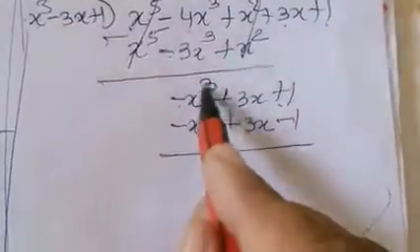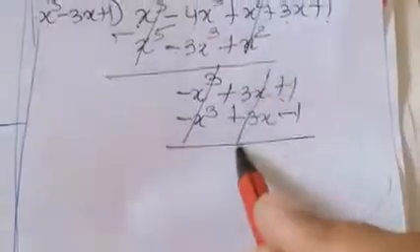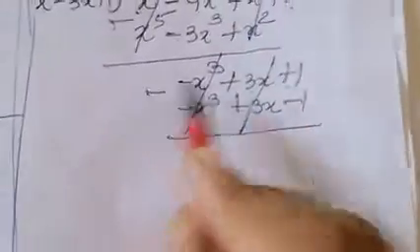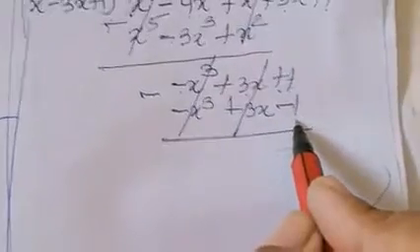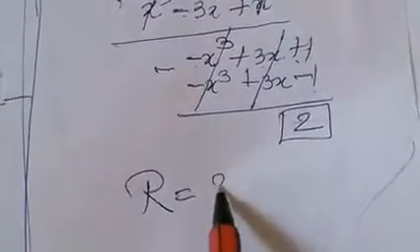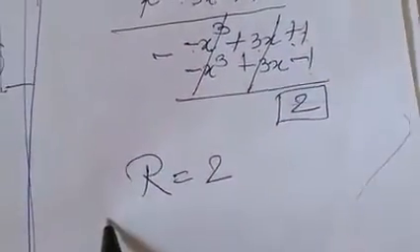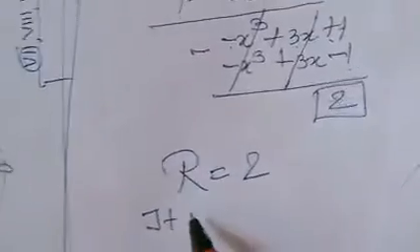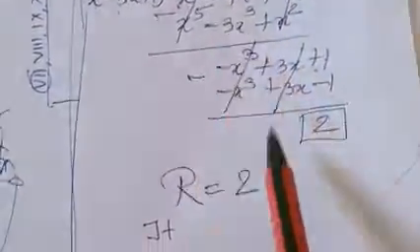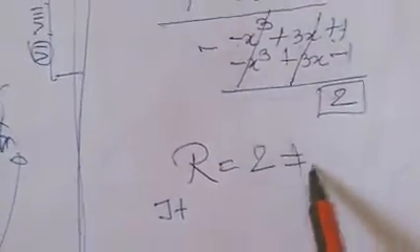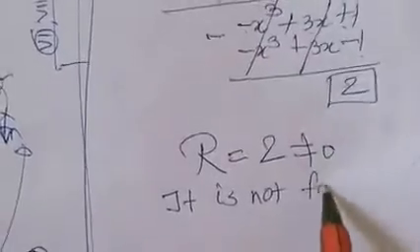Then this gets cancelled, this gets cancelled. And due to the minus sign, plus 1 minus of minus 1 means 1 plus 1 is 2. 2 is the remainder. If the remainder is 2, then you can say that the divisor polynomial is not a factor of this because it is not 0. Therefore, it is not a factor.